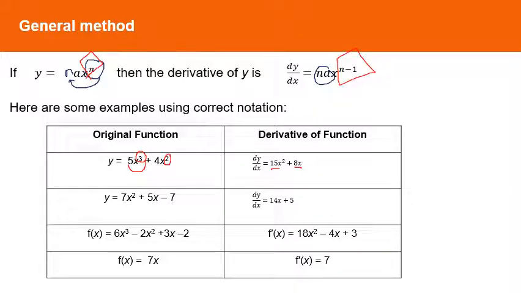Now continue to the other example. Here I have 7x squared plus 5x minus 7. The power is power 2. Same, 2 meets with 7 will be 14. And then 2 minus 1 is 1. If power 1, we don't have to write the power. And then this is 5x. If there is no number on the power, it means it has power 1. So 1 meets with 5 will be 5 also.